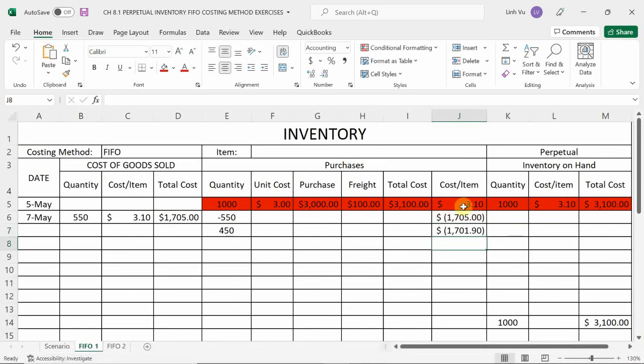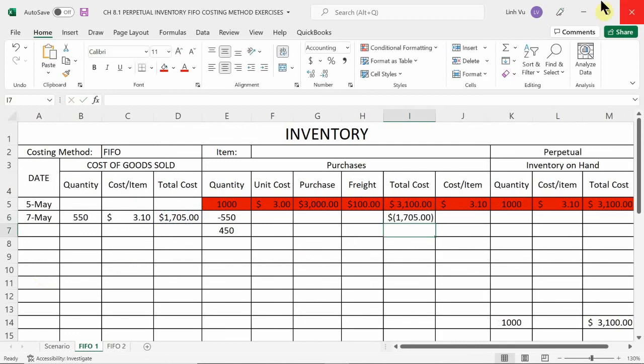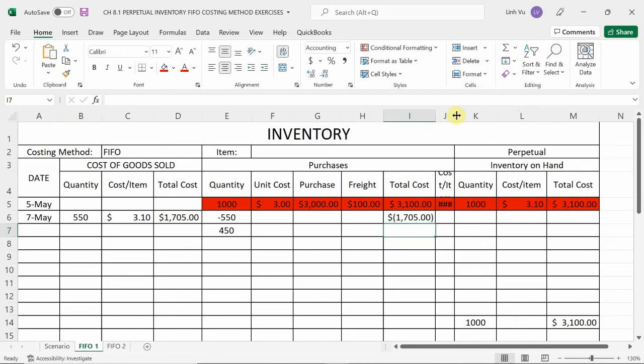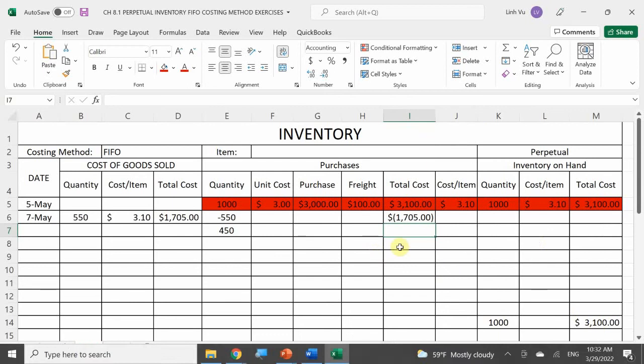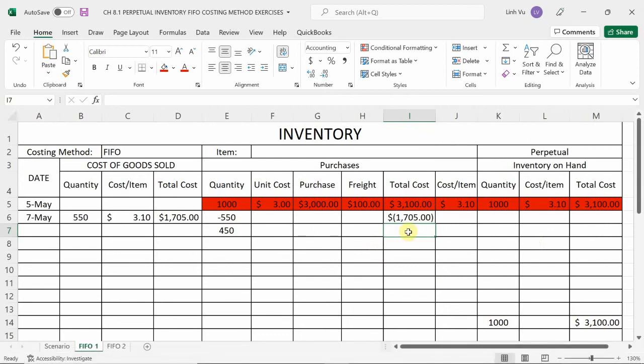Oh, I'm in the wrong column. So I'm supposed to put the negative here under the total cost of 1705. So this should give me my new grand total of $1,395. Now it's up to you if you want to highlight this because this is your red batch.